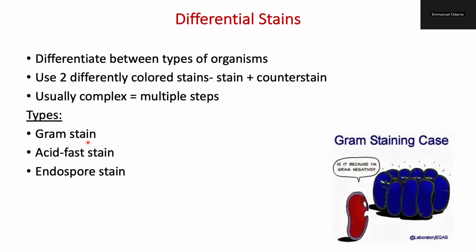I'll explain it in the next few slides. We also have acid fast stains, which are used to distinguish acid fast bacteria from non-acid fast bacteria. And we have the endospore stain. You use this to stain bacteria or fungi or anything else that has endospores on their membranes.